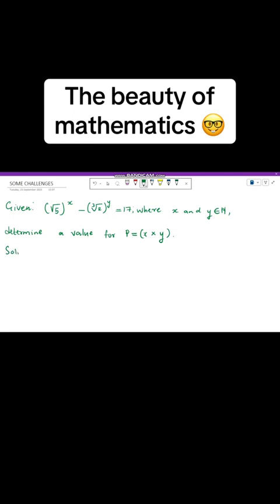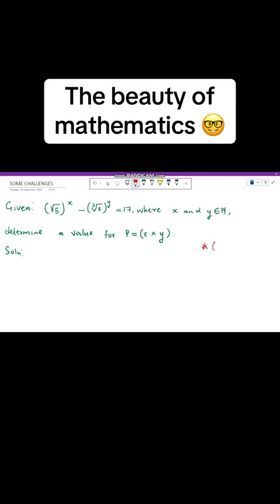So before we even go further, we are just going to look into a few laws of exponents and radicals. I'm not going to highlight all of them, I'll just need the ones that are going to be useful here.